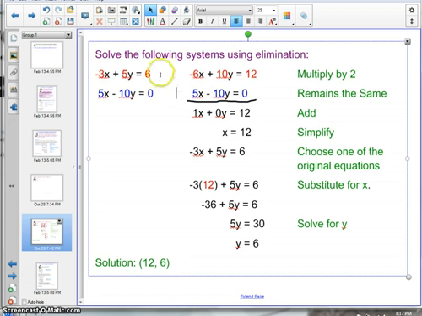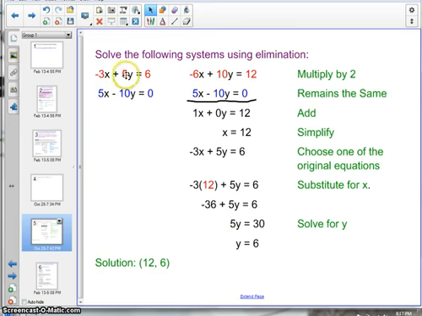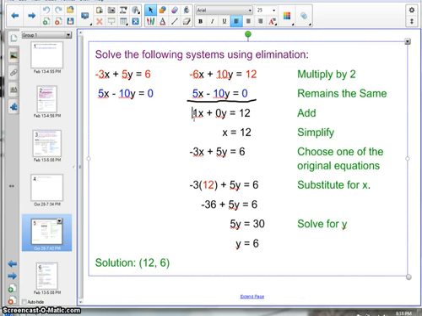So multiplying it by 2, negative 3x times 2 is going to give me a negative 6x. 5y times 2 is a positive 10y, and 6 times 2 is 12. So adding these two together, negative 6x plus 5x is going to give me a negative 1x.